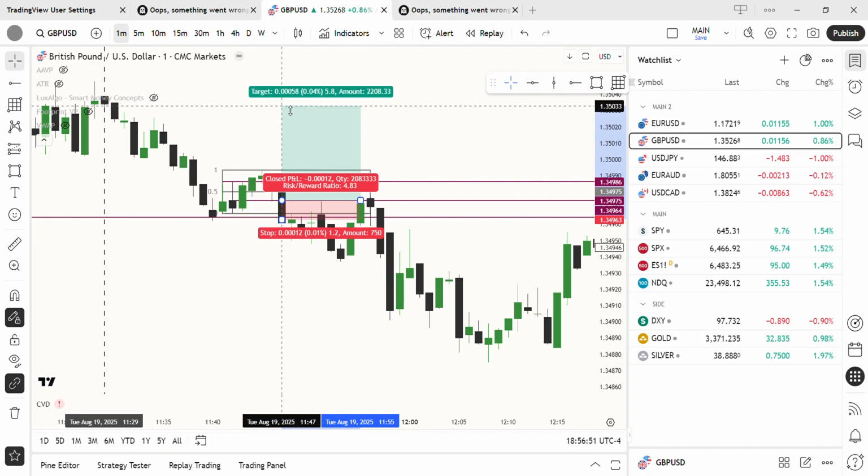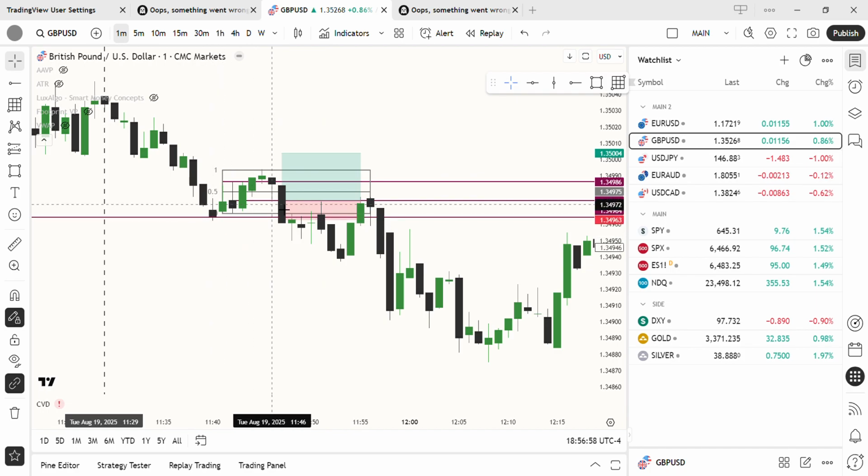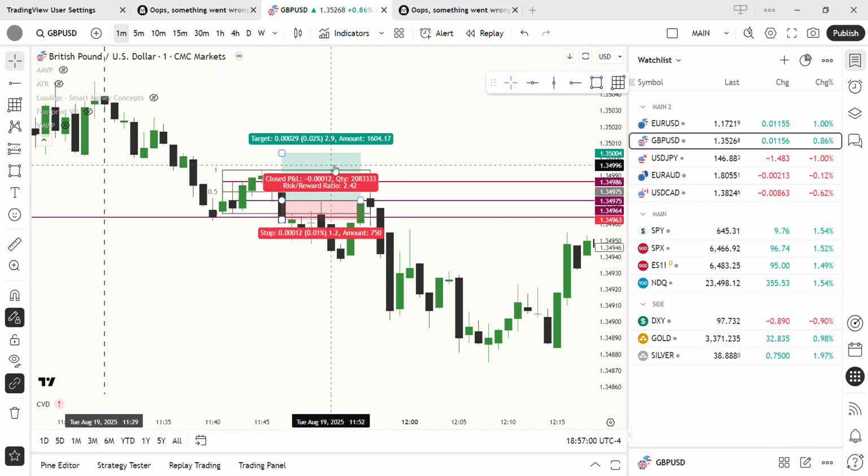Second one, these highs. So 2.42 risk to reward. 1 to 2.42 R&R. 1.2 to 2.9 pips.